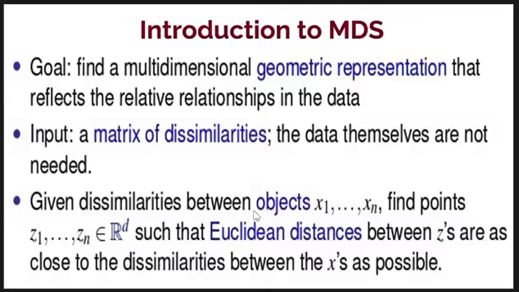In PCA, you use a covariance matrix or a correlation matrix, depending on whether the units of measurement are the same or not. But in the case of MDS, we don't need that. We need a dissimilarity matrix. Please pay attention: dissimilarity means distance matrix. That is the input.